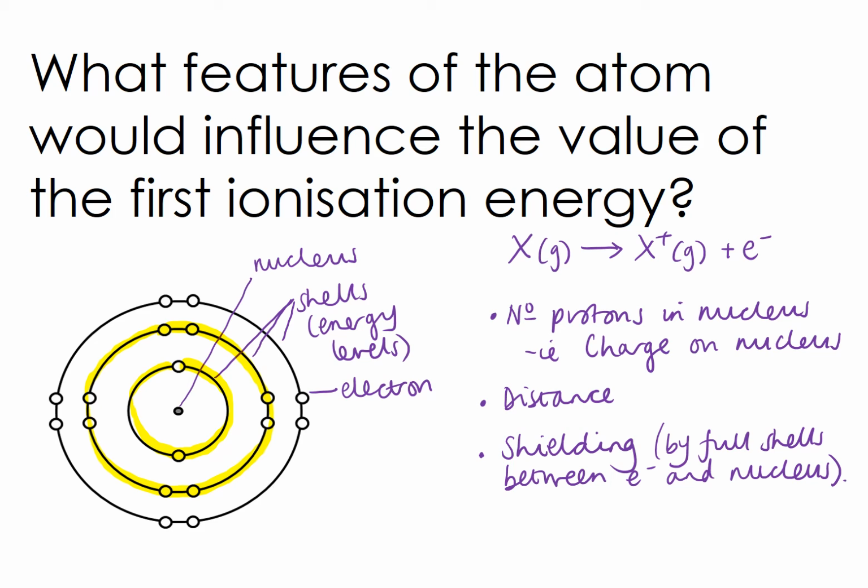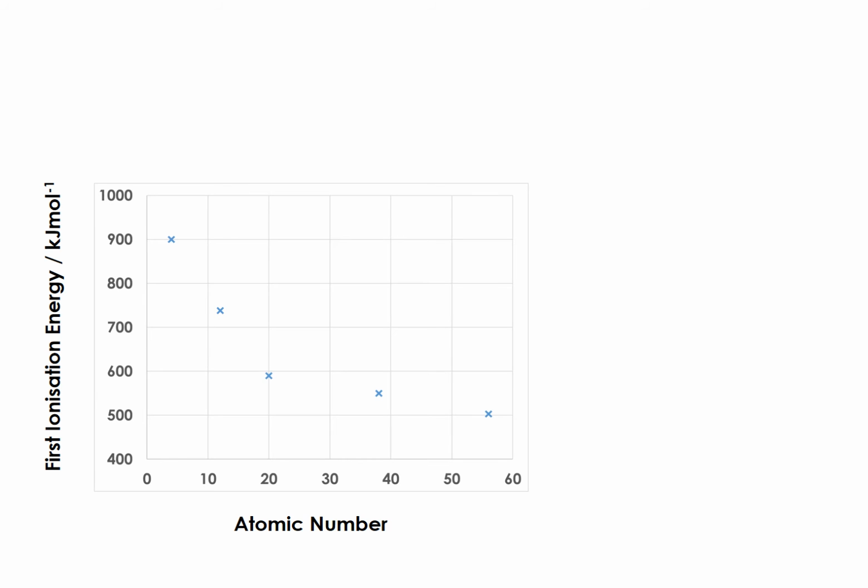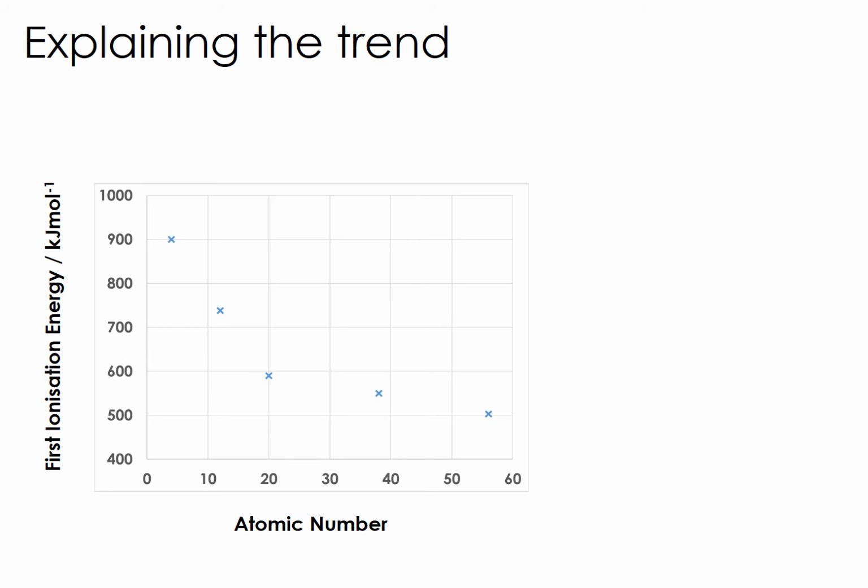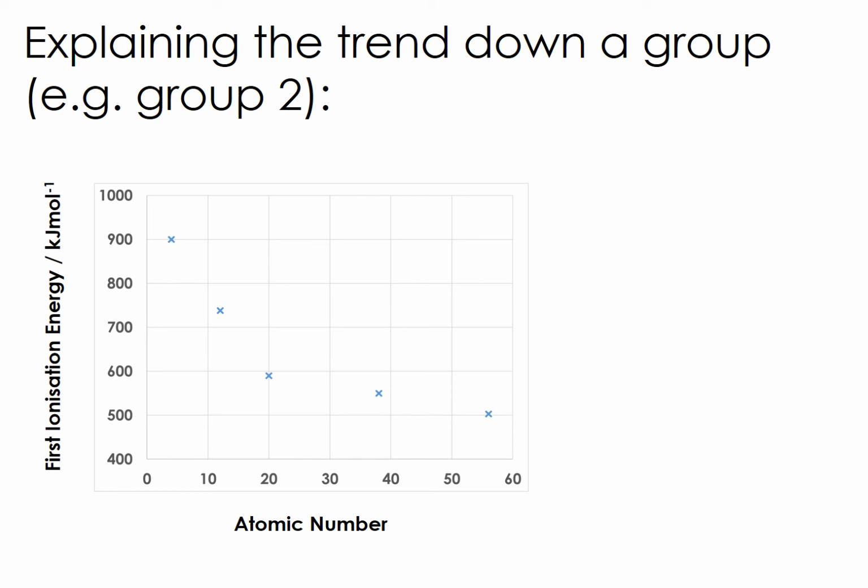Let's have a look at group 2 as an example of what happens to the first ionisation energy going down a group. Hopefully you can see that there's a general decrease in first ionisation energy as we go down the group. So the first ionisation energy decreases down a group.